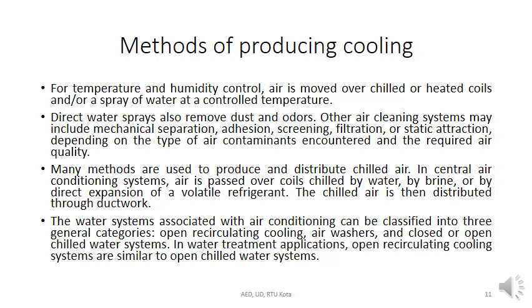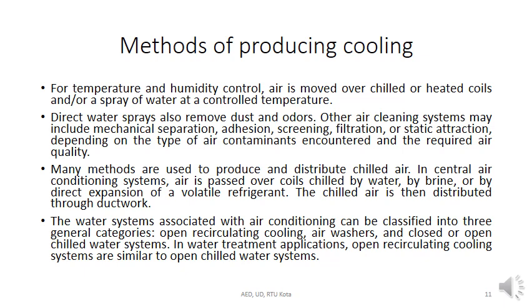One is the direct method, where water sprays are used to remove dust and odors. There are many methods other than water spray. It is the distribution of chilled air in central air conditioning systems.